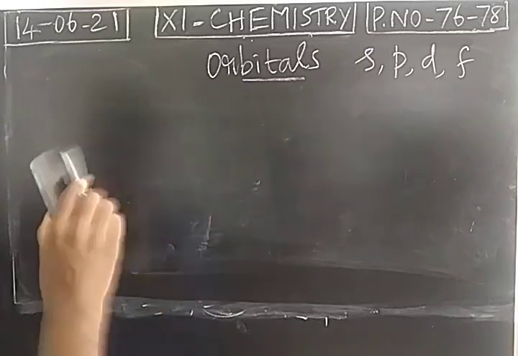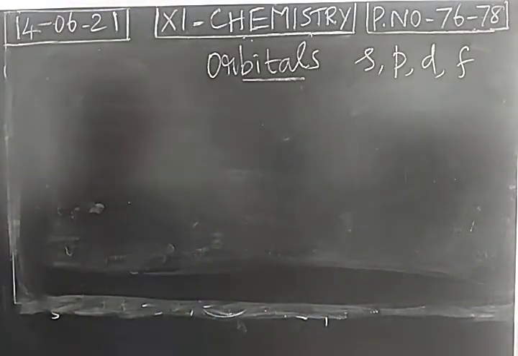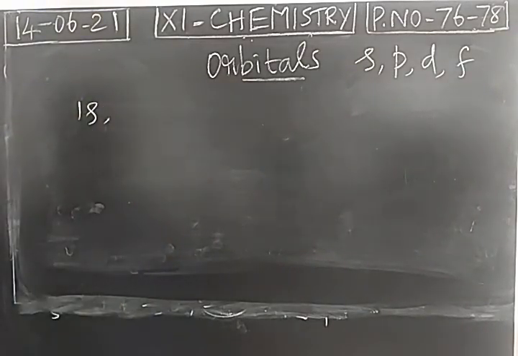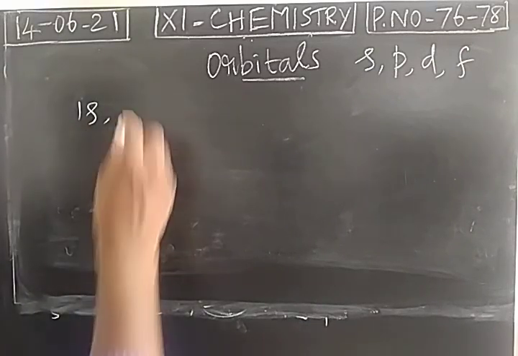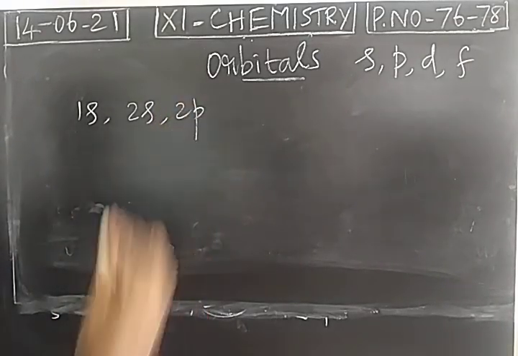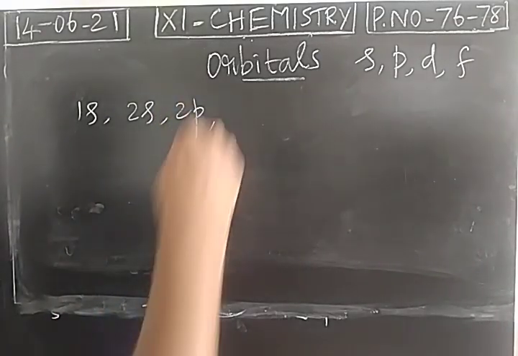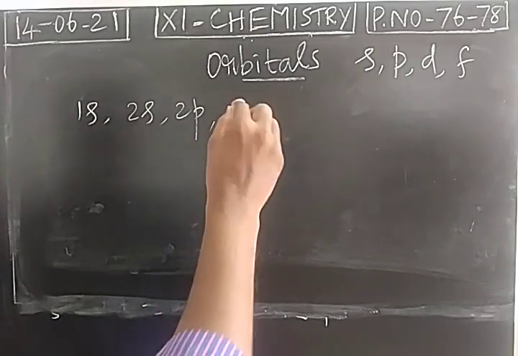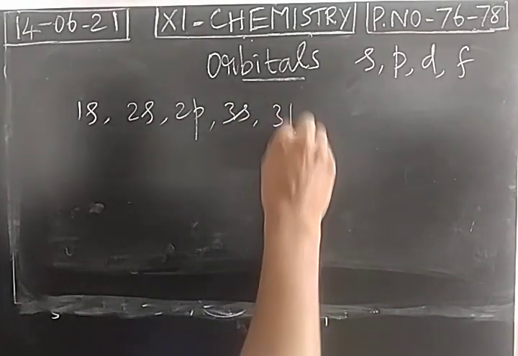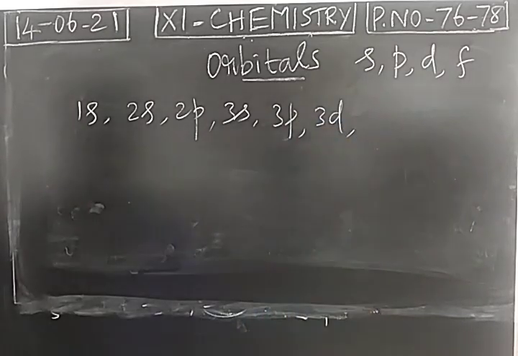Then we have to write electronic configuration. What are the orbitals available? First shell has s orbital, so 1s. Second shell has s and p orbital, so 2s, 2p orbital. Third shell has 3 types of orbitals: s, p and d, so 3s, 3p, 3d.